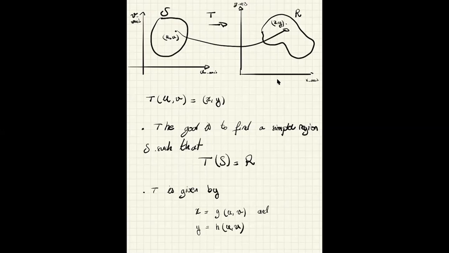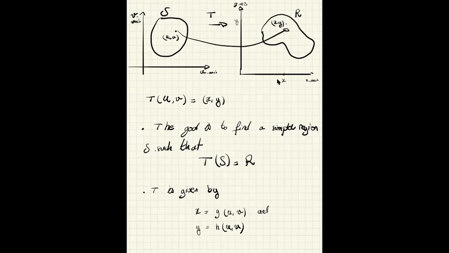It makes sense, right? Because what is the point x, y? It depends on u and v. The point x here is the image of this point, which depends on u and v. So x and y are both functions of u and v.